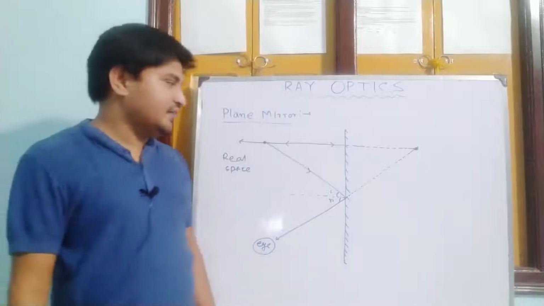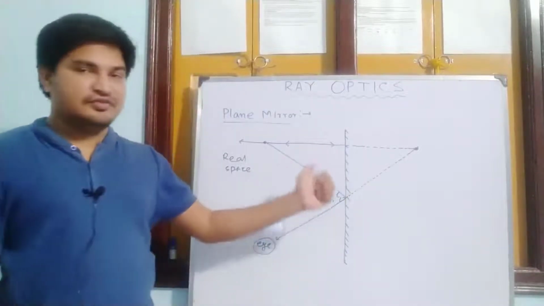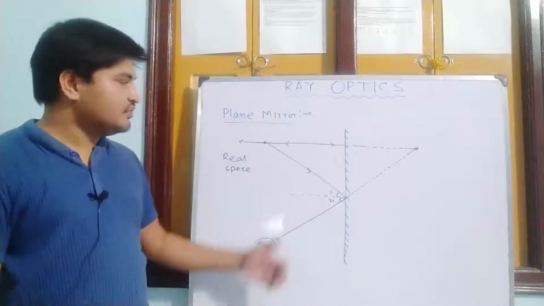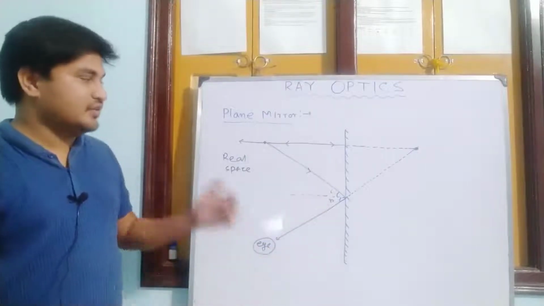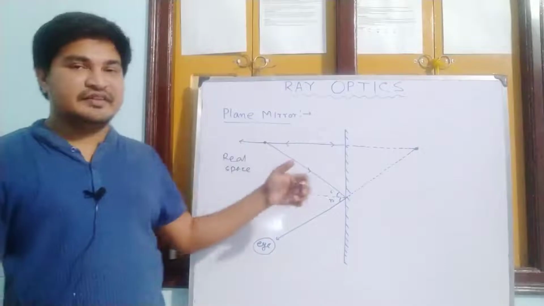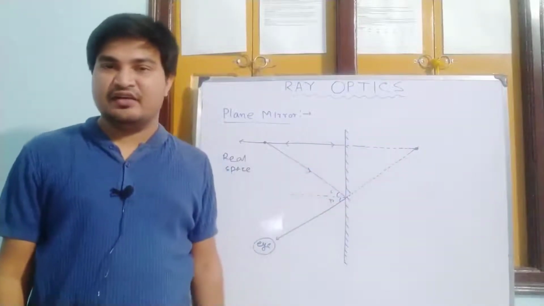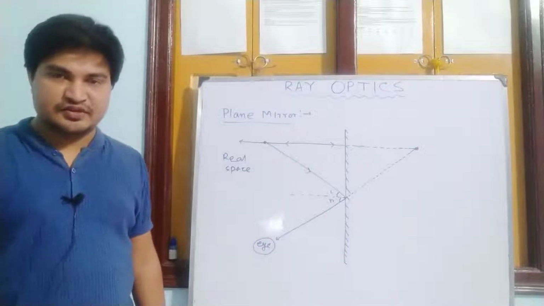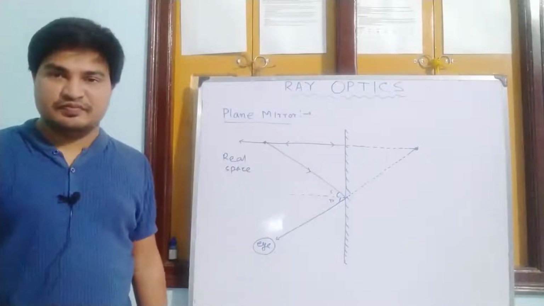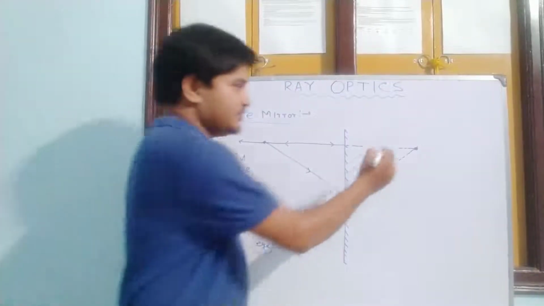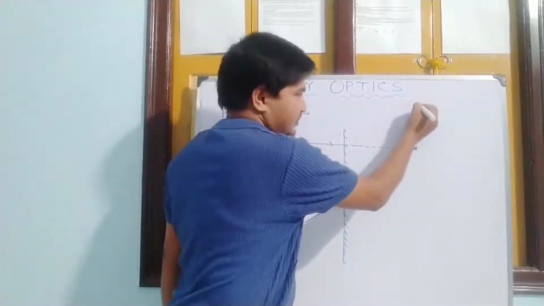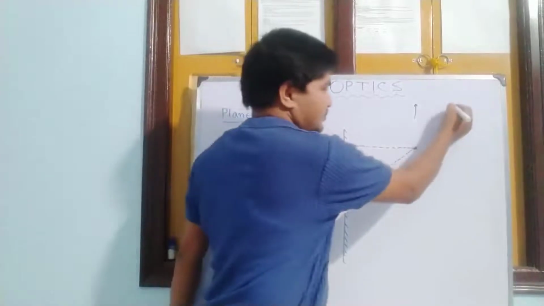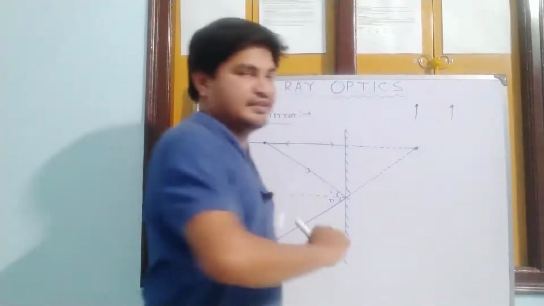The second property says that in case of image formed by a plane mirror, the image is virtual in nature and also erect in nature. I think you know about the name erect. Erect means if the head of the object is in the upward direction, the head of the image of that object will also be in the upward direction.